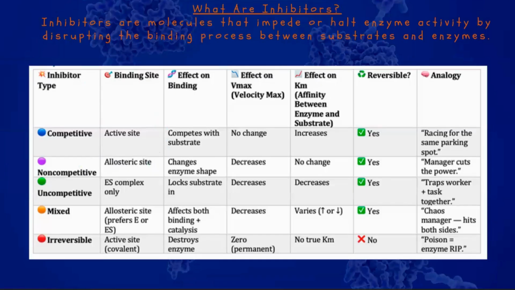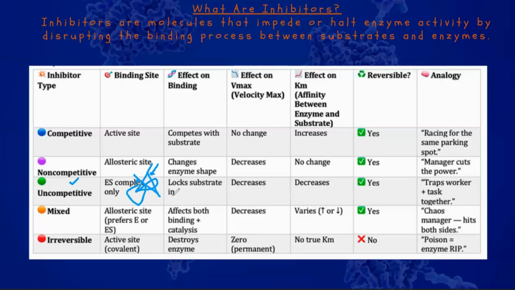Let's talk about uncompetitive inhibitors. So that's the third one on this table. What basically happens is you have an enzyme and you have some sort of substrate, and there's a position where something comes in called the ES complex, which is a location where there is a molecule that attaches and basically renders it unable to work.